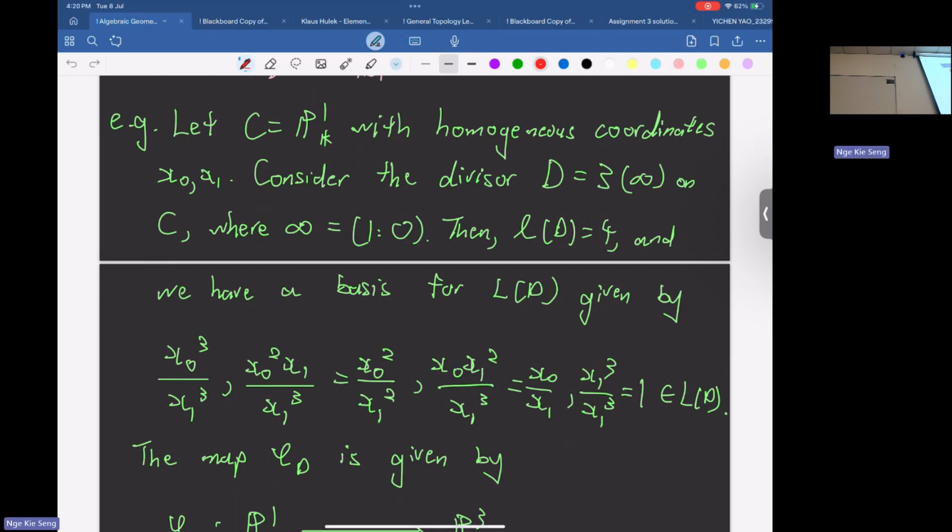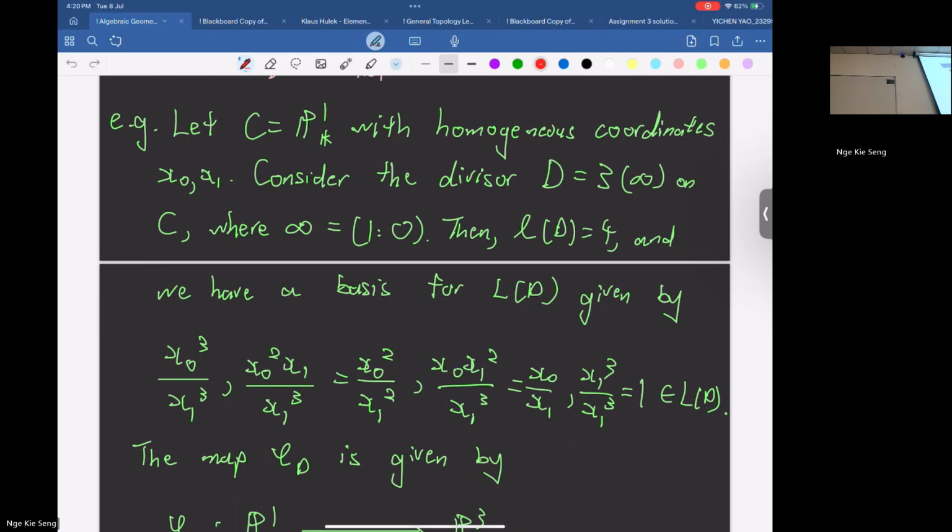So naturally, you will think of these four elements here, because this one has negative 3, and negative 3 plus 3 is greater or equal to 0. So naturally, you will think of this vector space here. Should we have more? What do you think?